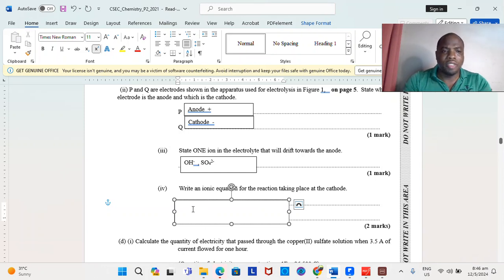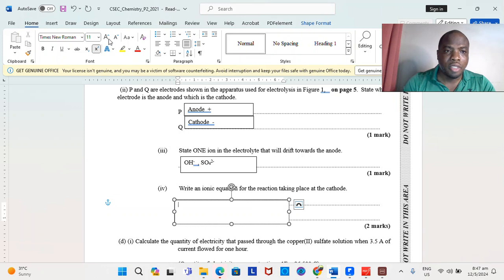When it comes to the anode, we have other things, whether the solution is dilute or what you would have referred to as concentrated, and also if we're using an inert versus active electrode.